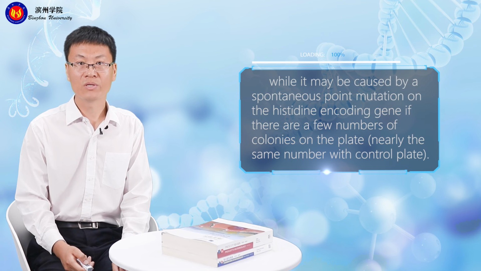Otherwise, if there are only a few colonies on the plate, nearly the same number as the control plate, it may be caused by a spontaneous point mutation on the histidine encoding gene.